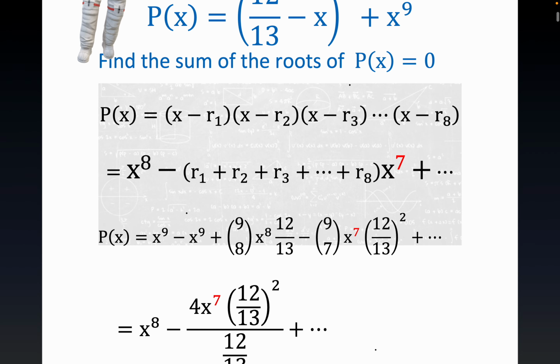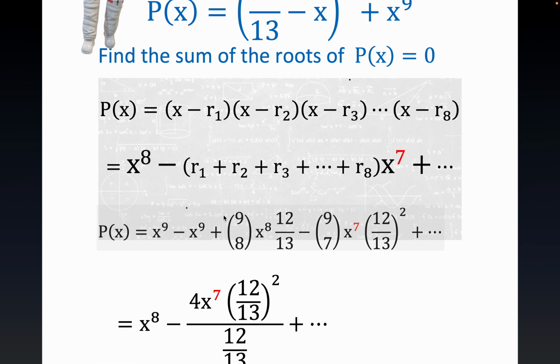Now, 9 choose 8 is equal to 9. It's the same as 9 choose 1. Now this piece right here would be 9 times 8 divided by 2, which makes that 36.